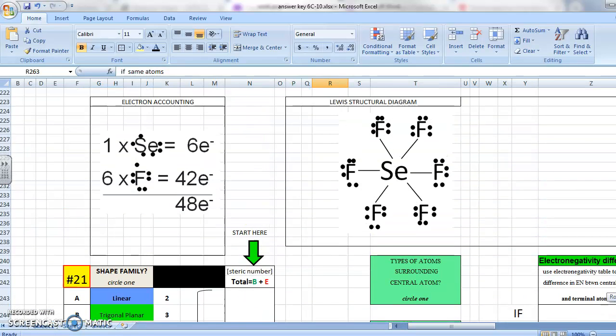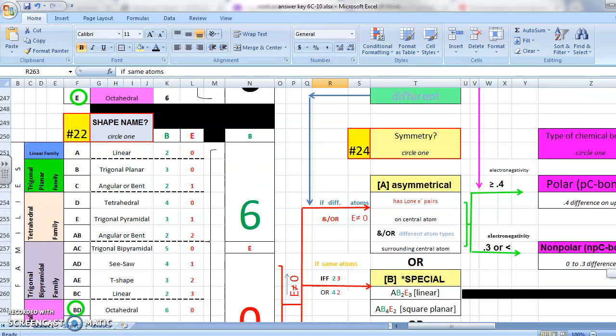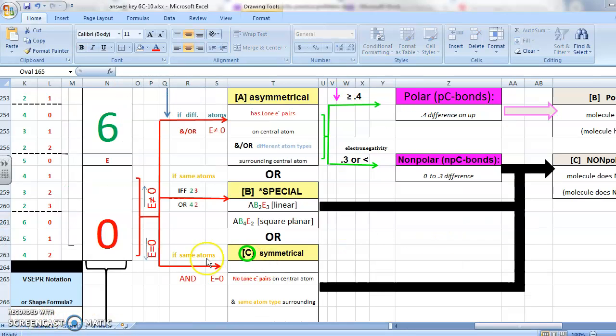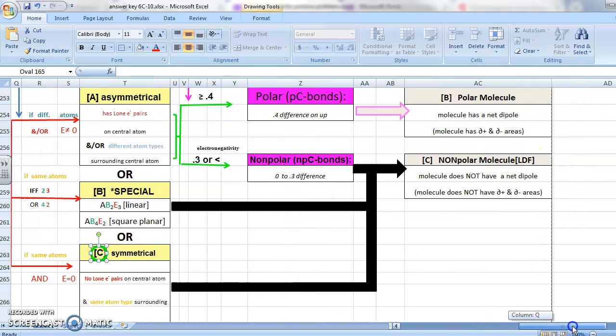We go up and double check. Yep, they're all fluorines. They're all the same type of atoms, so this one is symmetrically shaped. All the same type of atoms and no lone pairs. It's symmetrical. There's only one polarity the molecule can have when it's symmetrical. We follow this path up, over, up, and right to the nonpolar molecule shape.